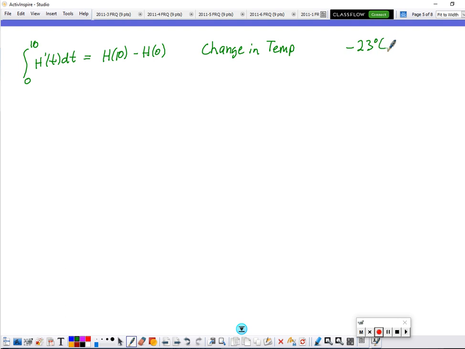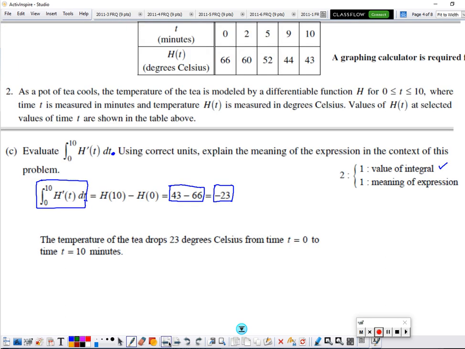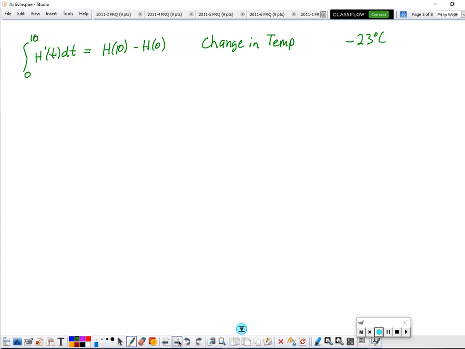Okay, come on, focus. This is not a temperature. You look at the problem, the temperature of the tea is never negative 23 degrees. It's not a temperature, it's how much the temperature changed during a given time period. That's one thing they'll ask you to focus on in lots of different problems.